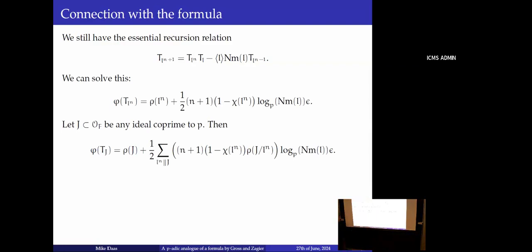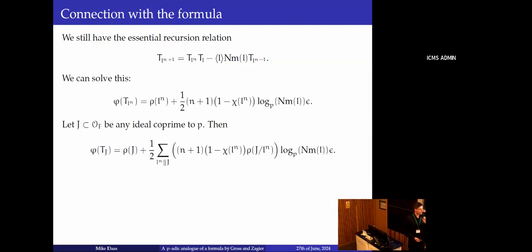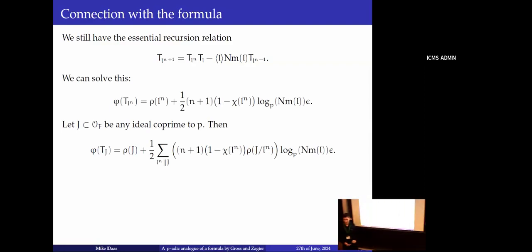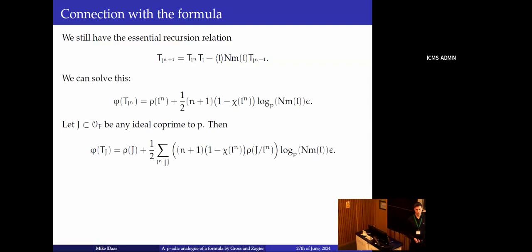And this looks sort of messy, and I'm not sure what I'm getting at here, but I want to convince you that secretly you're staring here at the explicit formula that Gross and Zagier proved. And I arrived at it in like 2 or 3 lines of computations. And why is that?